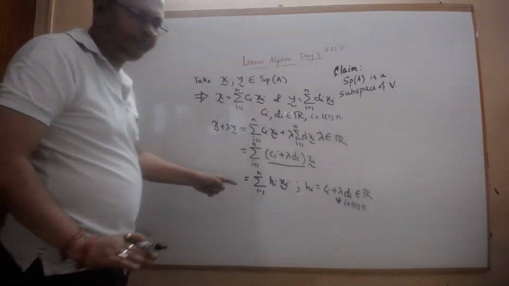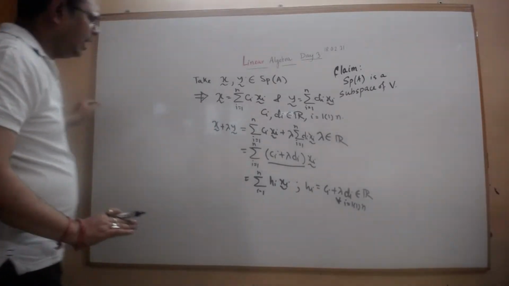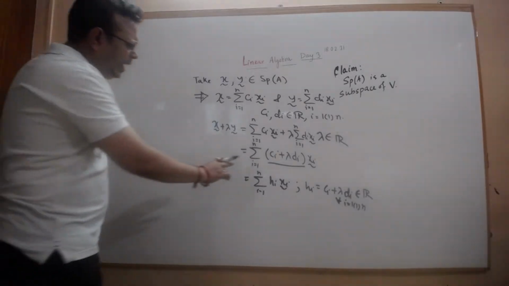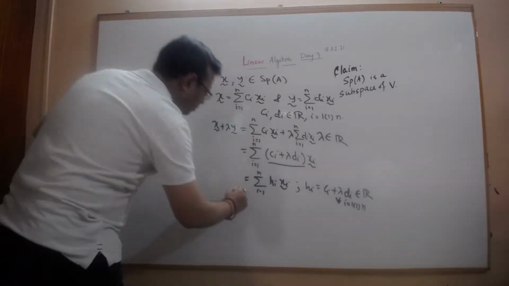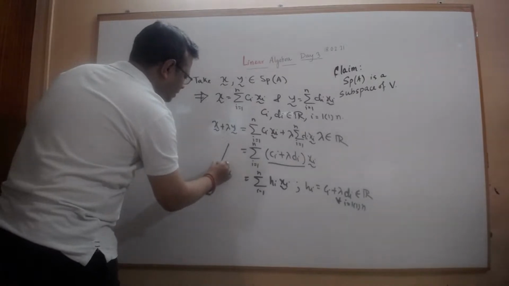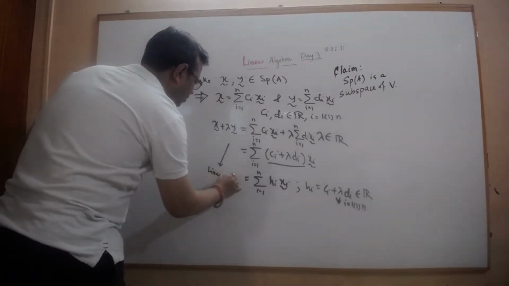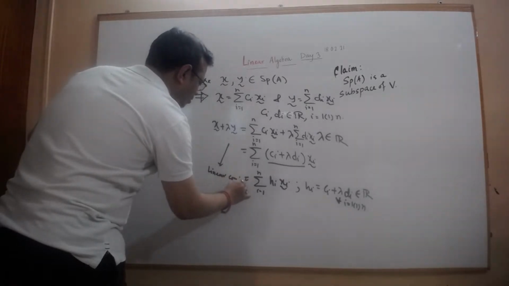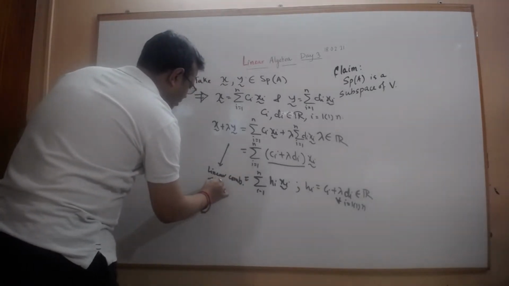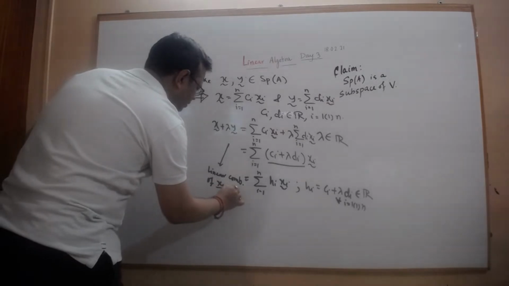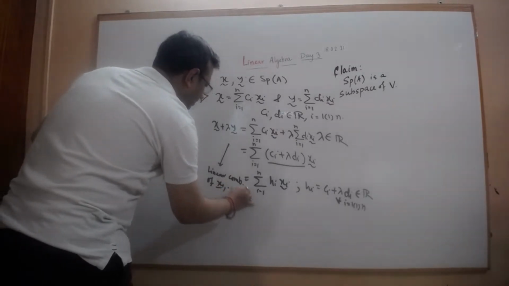Now x plus lambda y is again a linear combination of x1, ..., xn.